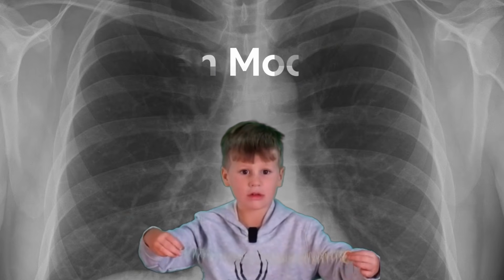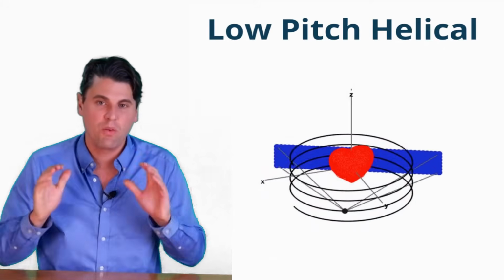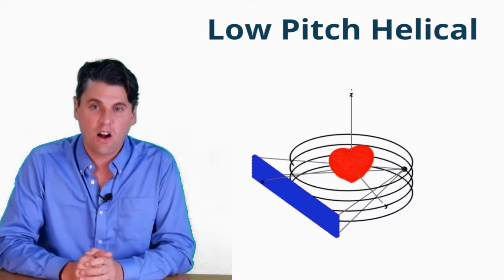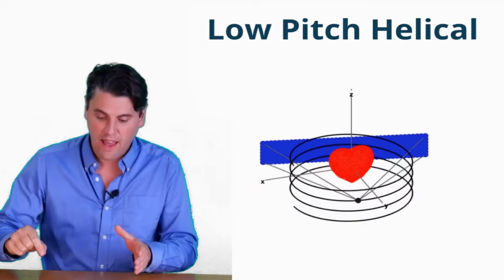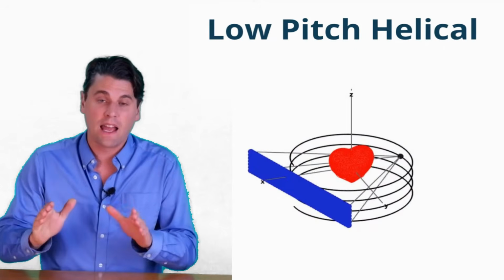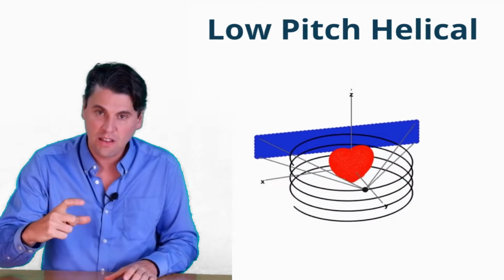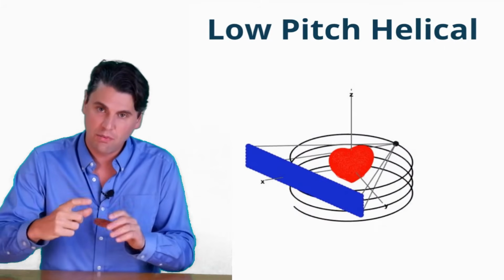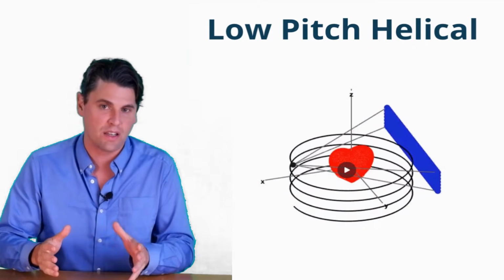High pitch, medium pitch, low pitch. So low pitch helical scanning was the first way that cardiac CT was actually performed. And in this case, it's actually gated by the ECG signal that we talked about. And each little segment actually has a relatively low pitch, so it's very close to actually an axial acquisition.